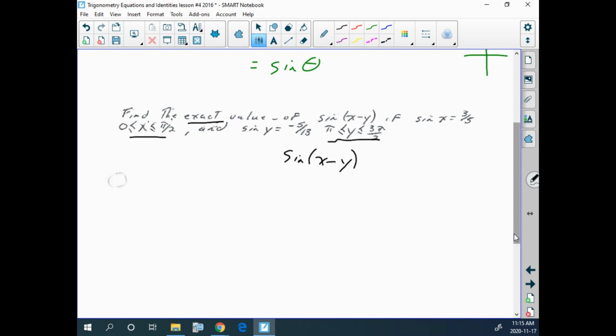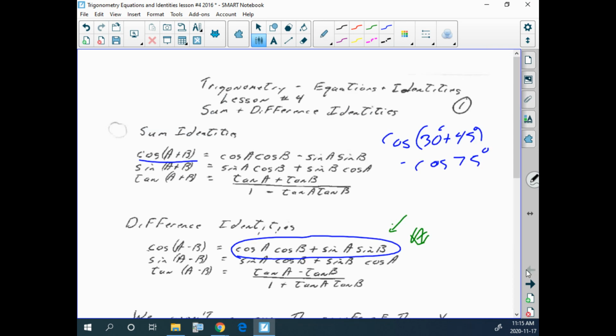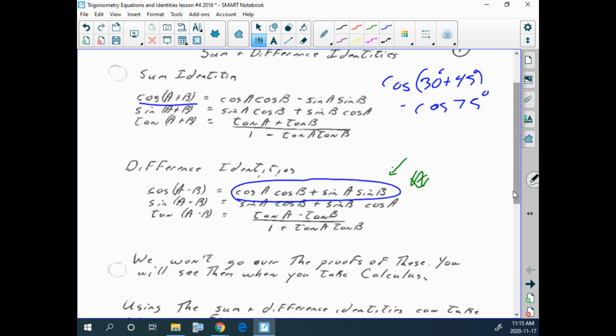Exact value means using our identities. The difference identity for sine is sine A cos B plus sine B cos A. No, it's not. Please erase the positive sign there and put a negative sign between them. The difference identity there has a negative between it for sine.